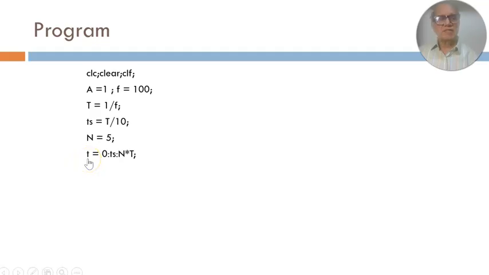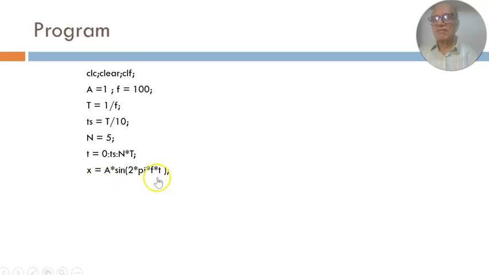All right. So as we have already explained, you now generate the vector t which starts from 0 and ends at NT, because we want to plot N cycles. Now x equal to A sine 2 pi f t. What this statement does is generate an array for x, and the number of samples in x will be equal to the number of samples in t, because after all others are constant. t is the only array.